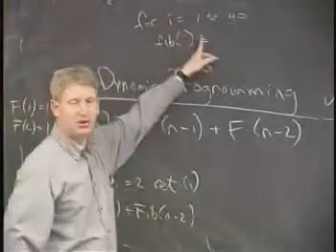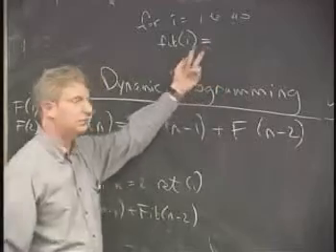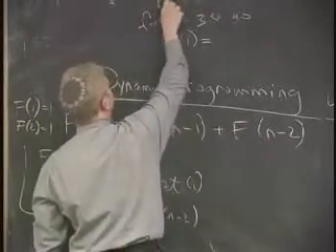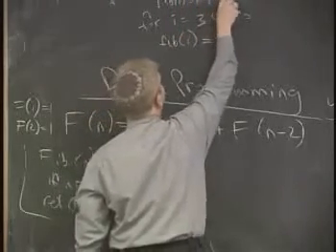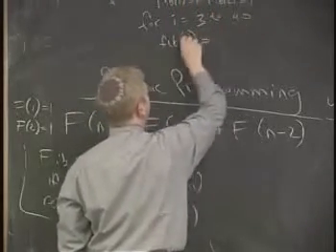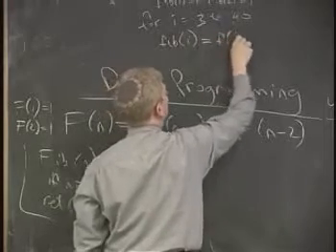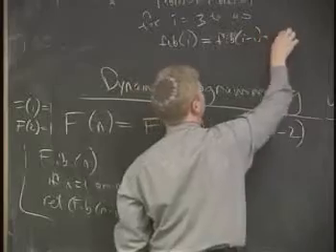And let the next Fibonacci number be the sum of the previous two. So let's start this at 3. We'll set Fib of 1 equal to 1 and Fib of 2 equal to 1. And for I equal 3 to 40, Fib of I equals Fib of I minus 1 plus Fib of I minus 2.